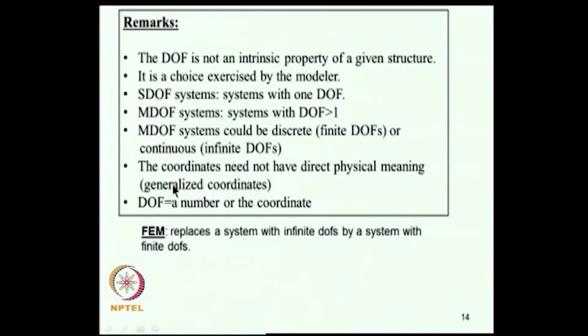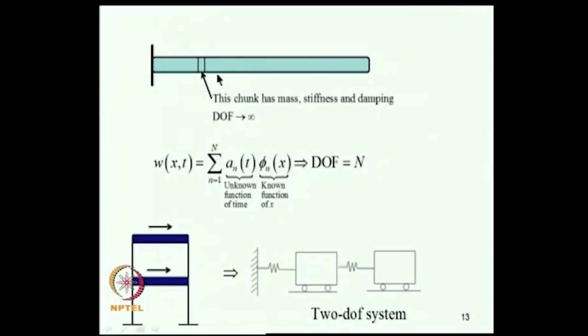Now, when I define degree of freedom, the coordinates that I am using need not have direct physical meaning. So, for example, in the representation of the displacement field in a cantilever beam, these terms A1, A2, A3, An are the unknowns which will help us to define W of x comma t, but individual terms here do not have a direct physical interpretation.